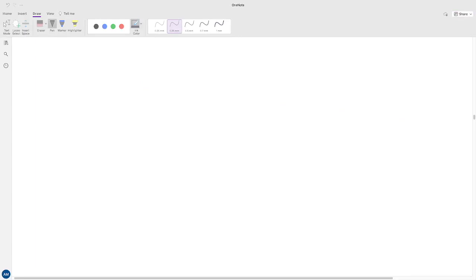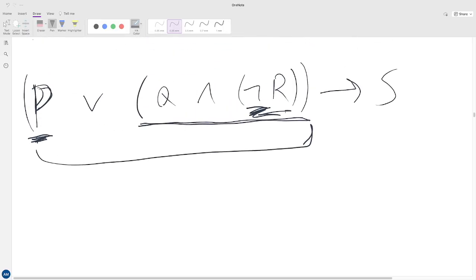All right, so now I want to get into logical equivalences. So we have all these statements, right? We can make all these statements using these connectives as we've seen right here.